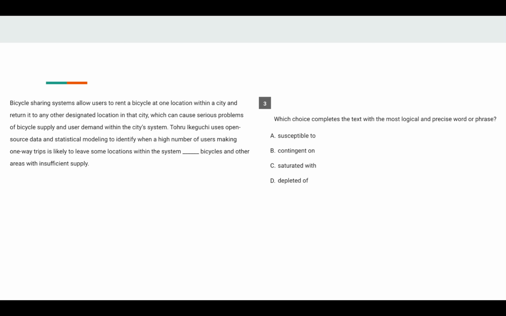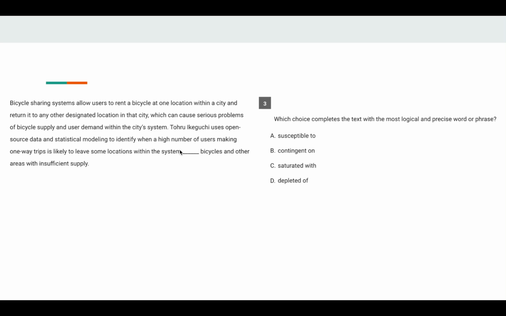insufficient supply. Once again, look for hints, look for contrasts, look for similarities. In this case, we have a contrast. Some locations within the system, something, and other with insufficient. What is insufficient? It means having a very little amount. So we're comparing.